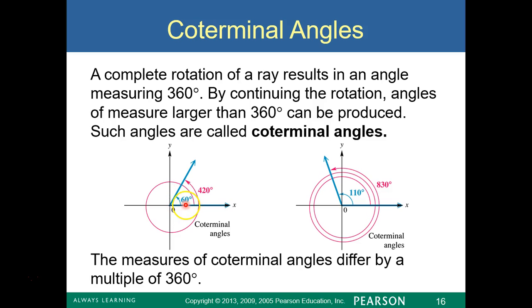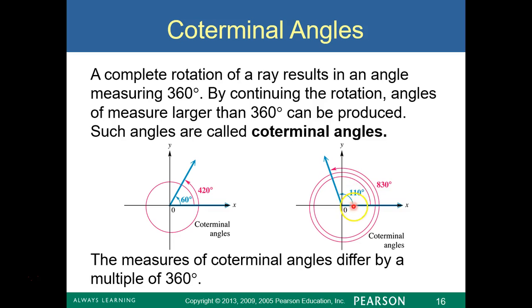See this 60-degree measurement right here. If we add 360 to it, we come full circle and we end up with the degree measure of 420 degrees. These two are called coterminal angles because they differ by a multiple of 360. And let's look at this angle.